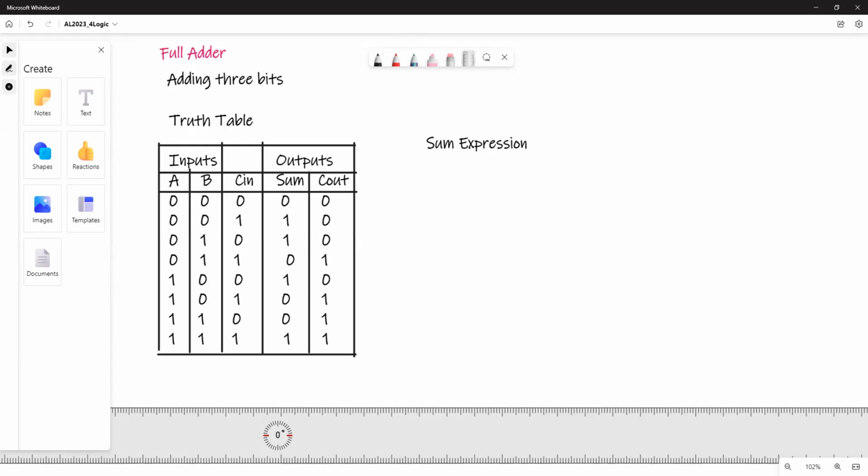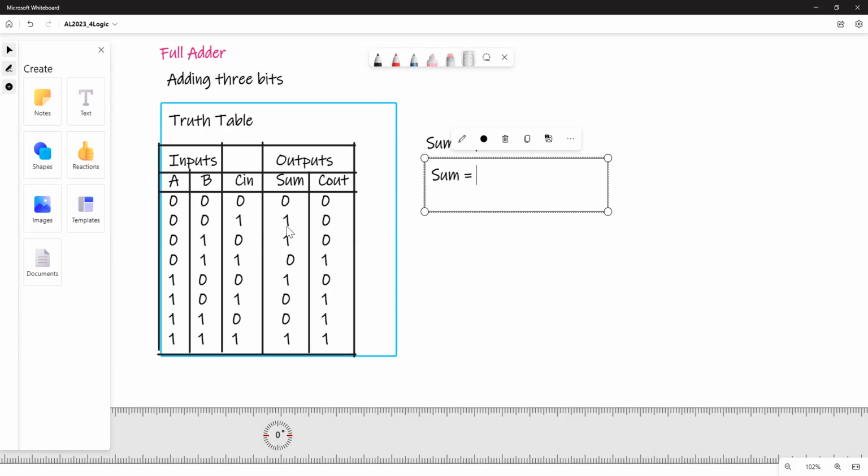Right. So we were looking at the sum expression. Sum expression means you have to look at these ones. So I can write down the expression first. What is this one?